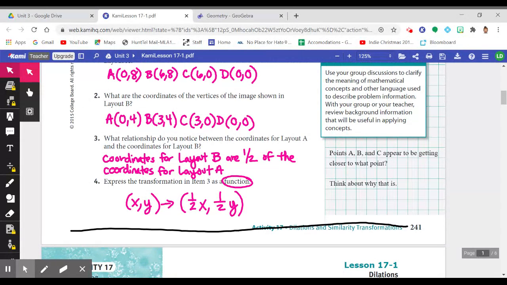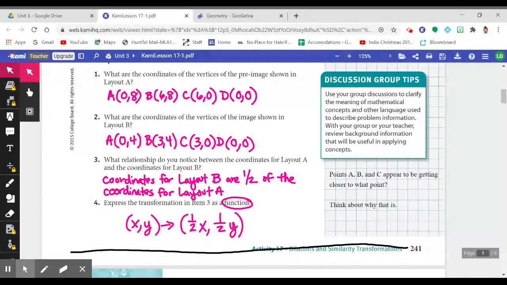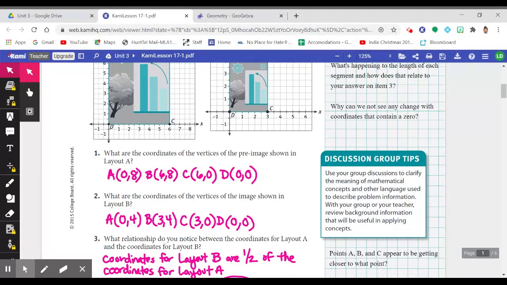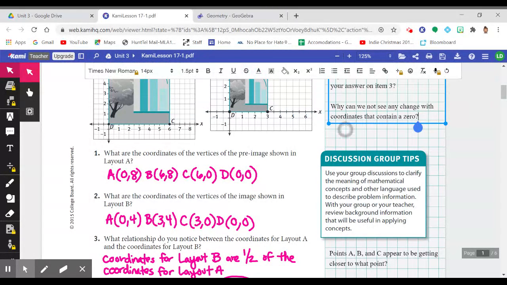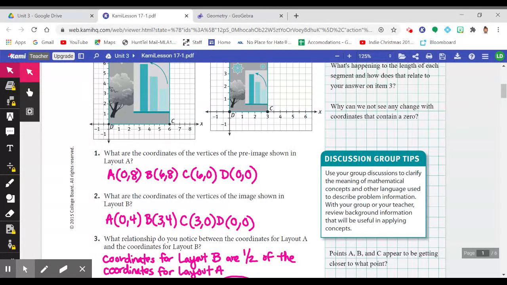What was the relationship you should have noticed is that the coordinates for layout B are half of the coordinates for layout A. It might be a little hard to tell with those that have 0 in the coordinate. And notice I asked that question here. Why can we not see any change with coordinates that contain a 0? Well, that's because taking half is really multiplying by 0.5. And when we multiply 0 times any number, we still get 0.